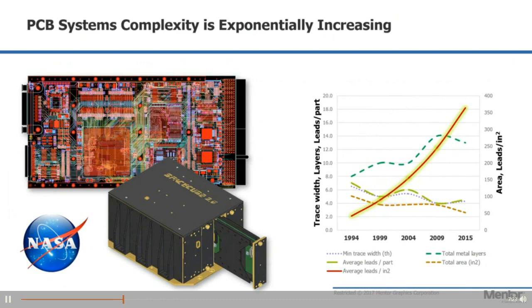Boards are staying about the same size, but more and more components are being loaded onto those boards. And rigid flex can really help you with this in order to meet your critical form factor requirements imposed by mechanical or the use case for your particular product. So rigid flex really opens a lot of doors, allowing you to fit your design into very small form factors that wouldn't have been possible decades ago.